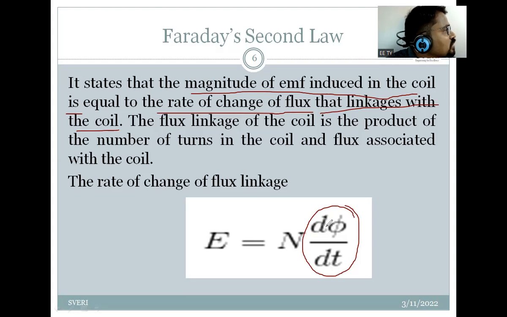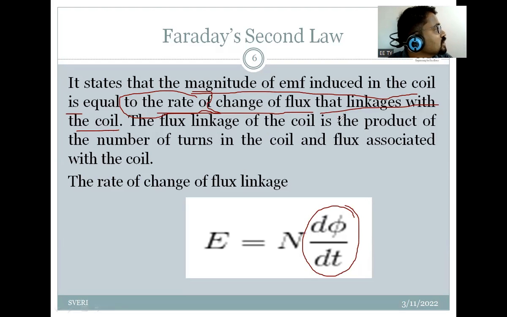That word, rate of change of flux linkage, is very important. Whenever you say only flux linkage, that is not Faraday's second law. If you skip the word rate of, and only say that the magnitude of induced EMF in the coil is equal to the change of flux linkage, then that is not considered as Faraday's second law. What word is important here?